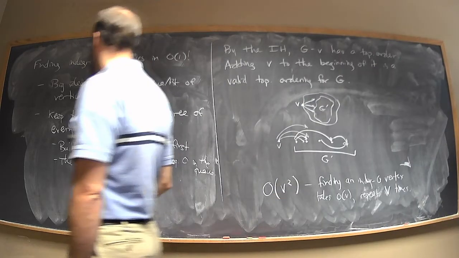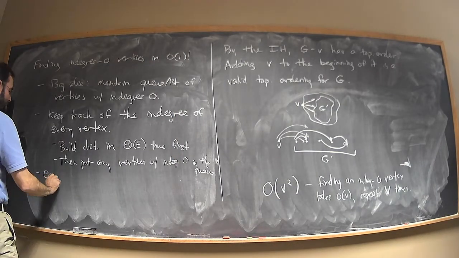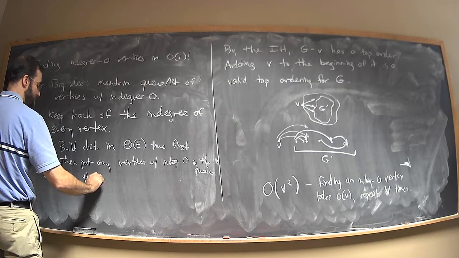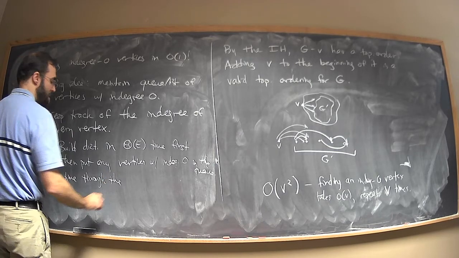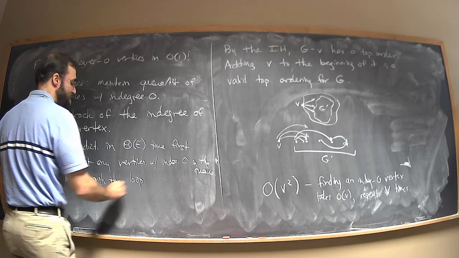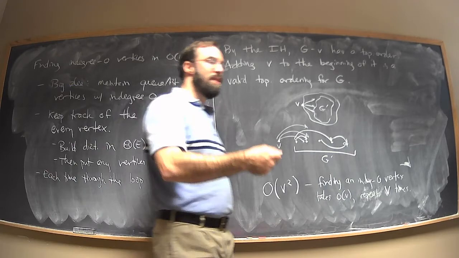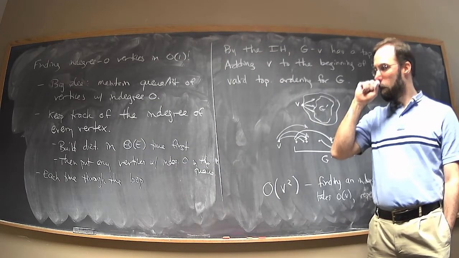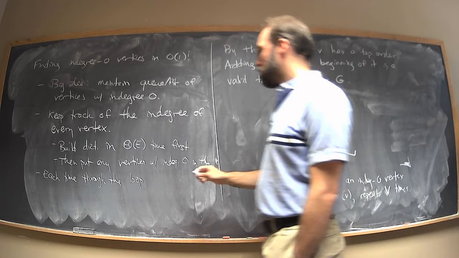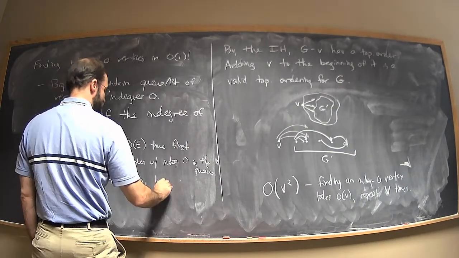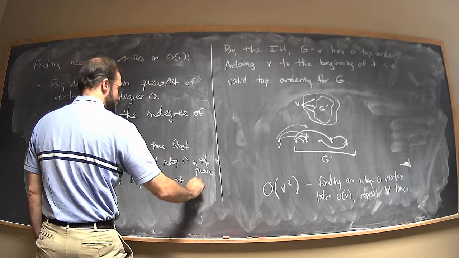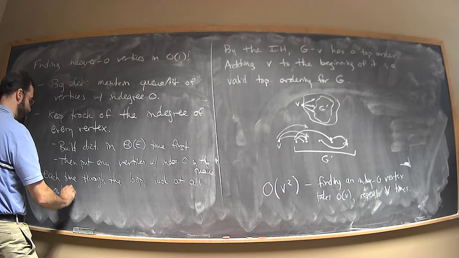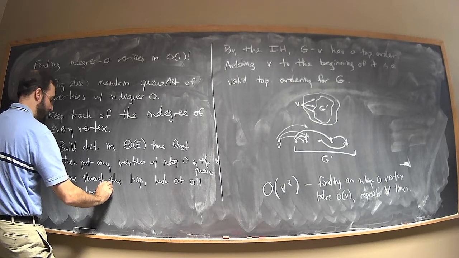And then each time through the loop, and when I say the loop, I mean the loop where you pick a vertex with in degree 0, delete it and put that on your top sort, look at all outgoing edges from the deleted vertex.